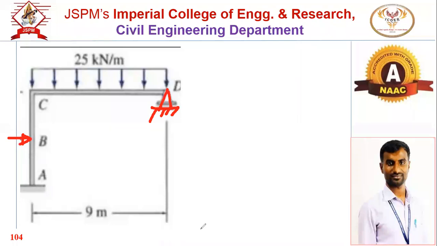Sway frame? Non-sway, yes. Non-sway frame, because at beam level there is a hinge support. That hinge support will restrict the horizontal displacement, or the horizontal motion of the frame. So that's why it is a non-sway frame, correct.